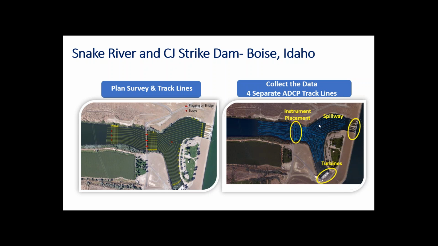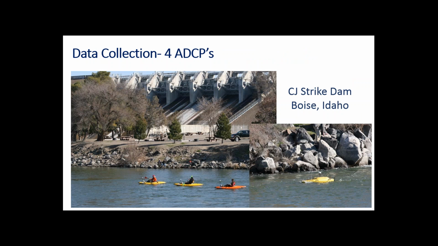In the top right, we have the spillway. On the bottom, we have all of the turbines. And in this area, this is where there was an instrument placed to monitor flow. Data collection, as I mentioned, was done with 4 ADCPs in parallel and staggered, along with a remote boat that was put on the water.